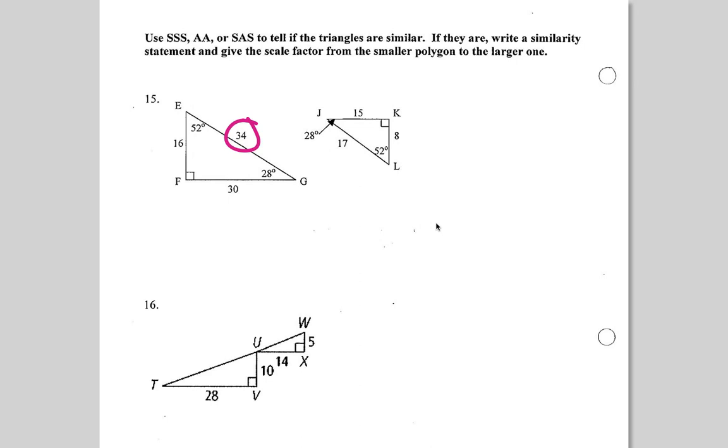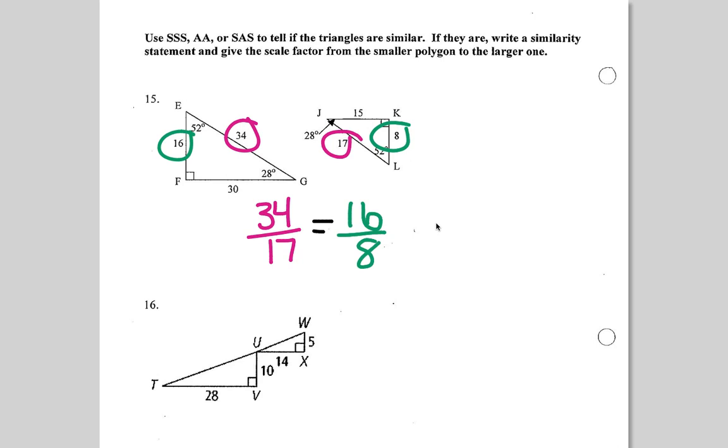I go after the longest one first and pair it up with the longest one. So 34 over 17. Does that equal, I like to go to the shortest one next, so 16 and 8. And then 30 and 15.